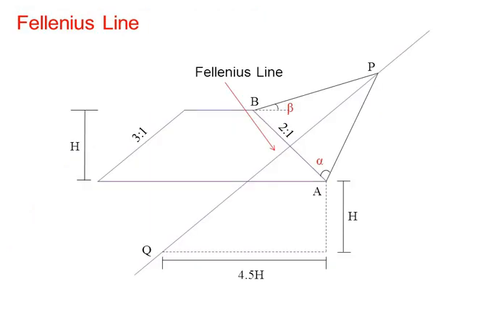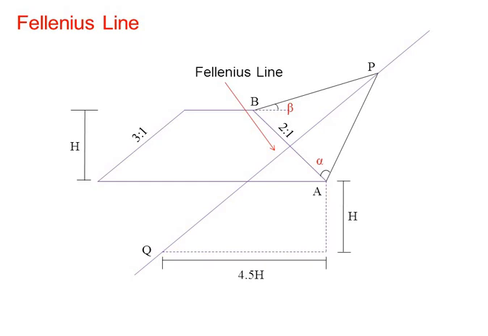Now, in order to reduce the trials of searching for centers of possible failure arcs, a Fellenius line is drawn on the upstream as well as downstream face. Here it is assumed that the center of the critical slip arc lies on the Fellenius line.